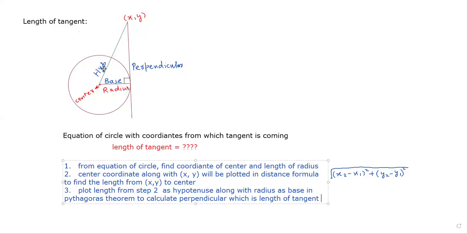Now in this right angle triangle, opposite to the right angle is the hypotenuse, which is coming from step number 2. The base is the radius, which I have found in step number 1, and these two will be plotted in the Pythagoras theorem to find the perpendicular, which will represent the length of the tangent in this scenario. Okay, this is how you are going to do this.